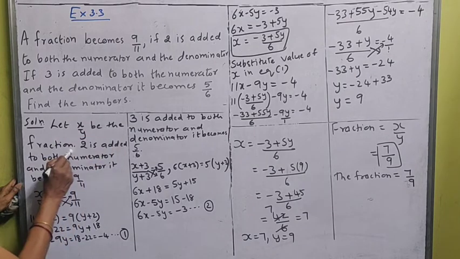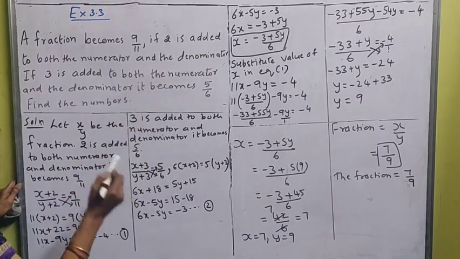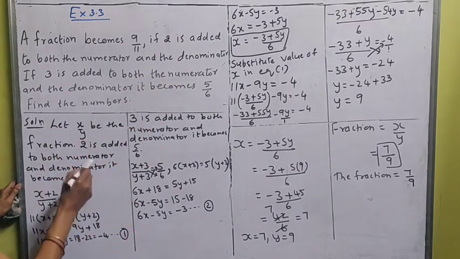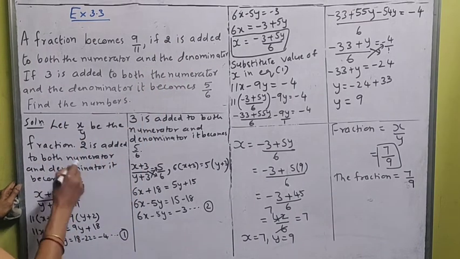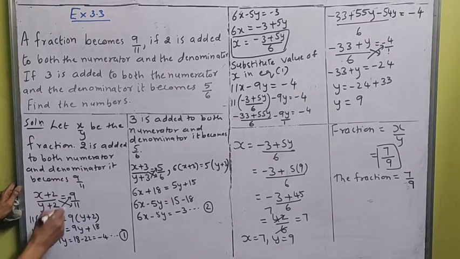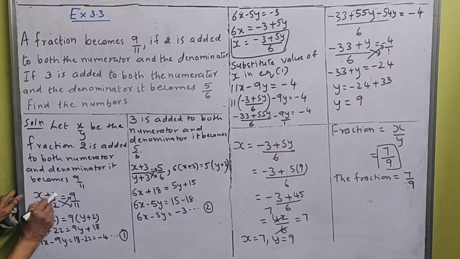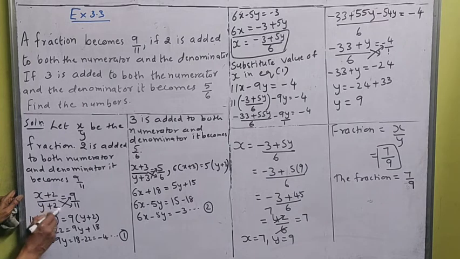First he says 2 is added to the numerator and 2 is added to the denominator. Then your number will become 9 by 11. That means in the numerator we add x plus 2 and in the denominator y plus 2, then (x plus 2) divided by (y plus 2) is equal to 9 by 11.